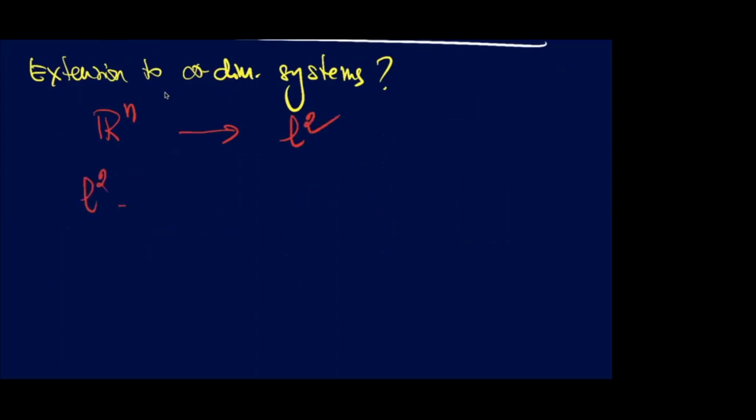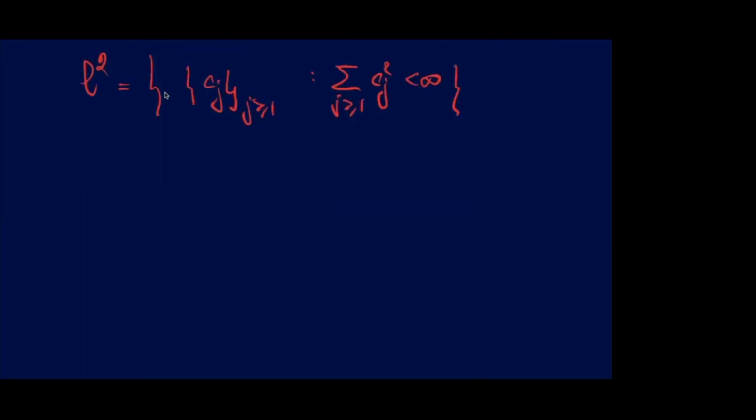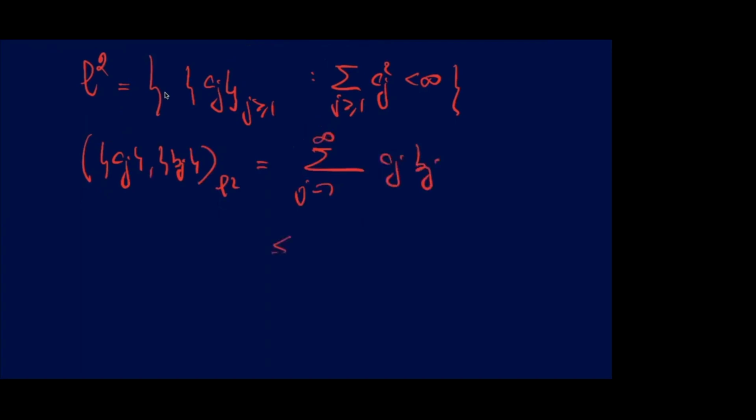Little L2 is the Hilbert space of sequences that are square summable, right? And this is a Hilbert space because if you ask me to take the scalar product of two sequences in little L2, I know this is the sum of a_j b_j, and I know that this sum converges, right?